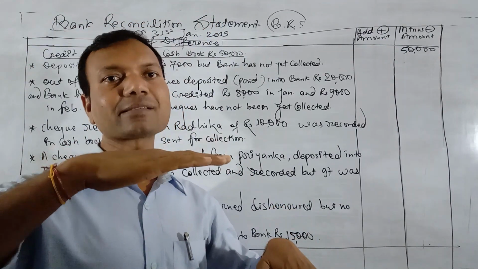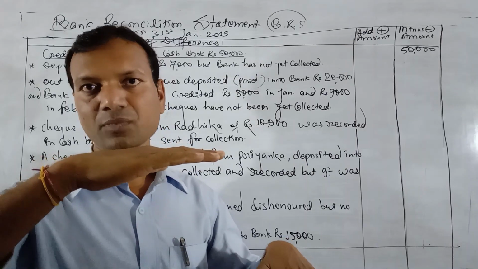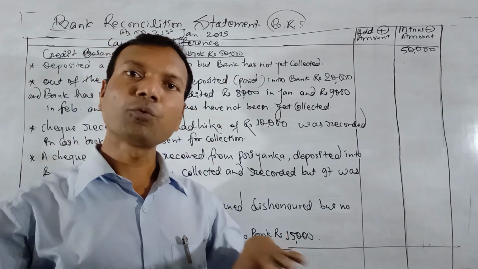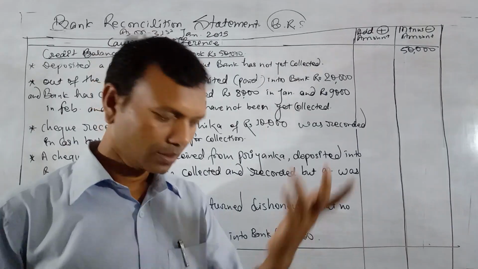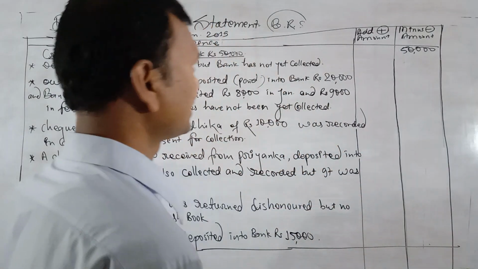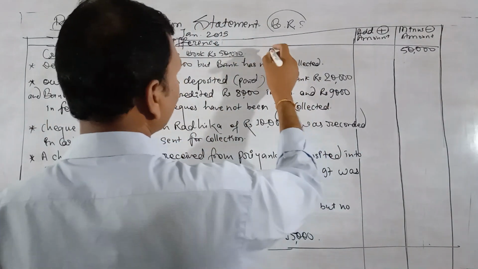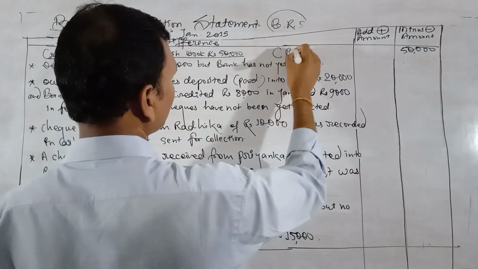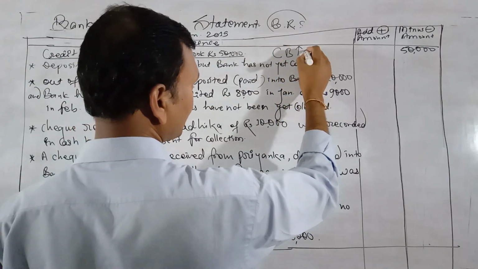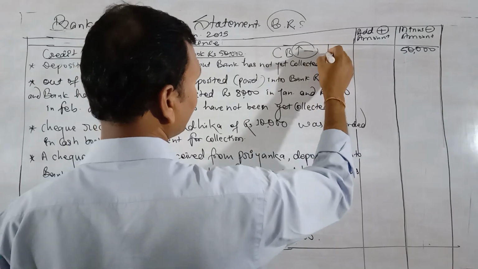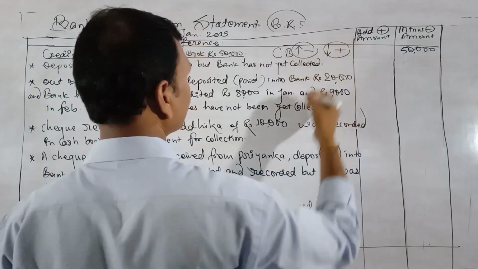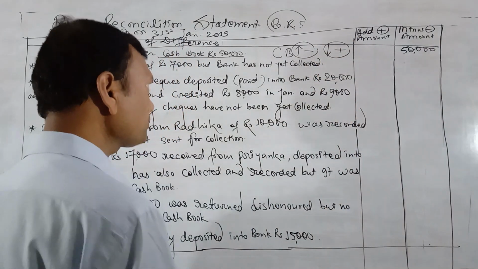Simply, as it has increased, we have to decrease it to make both balances equal. So simple. Whenever cash book balance becomes greater, minus it. Whenever it decreases, plus it. So simple idea.